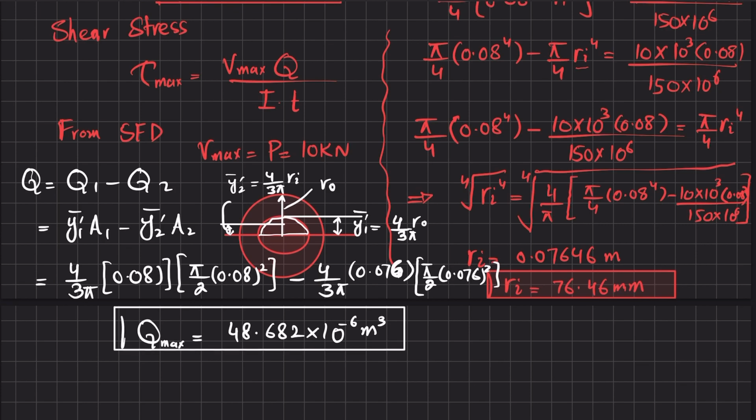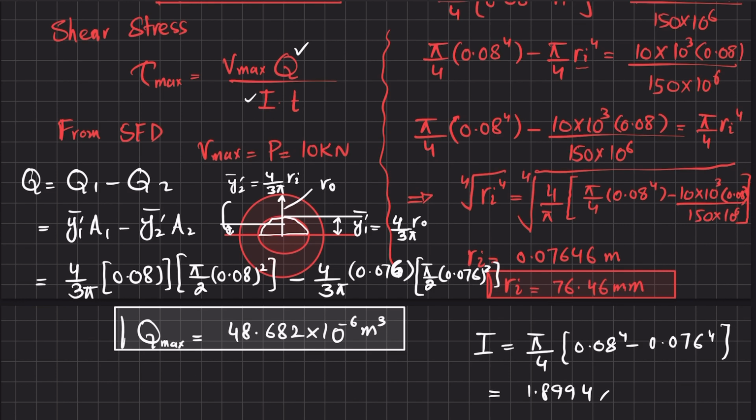Now you have this Q max as well. I is given as pi by 4 into R outer power 4, which is 0.08 power 4, minus R inner power 4, which is 0.076 power 4. Clear? So when you solve this, you will get I equal to 1.8994 times pi into 10 raised to the power minus 6 meter to the power 4.